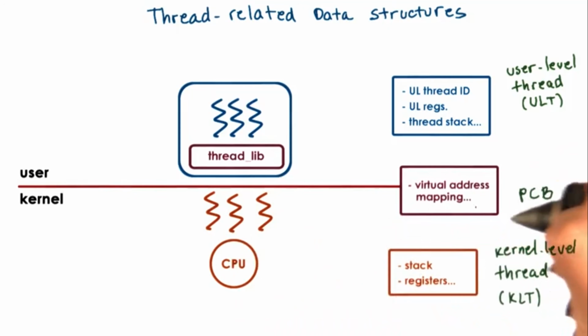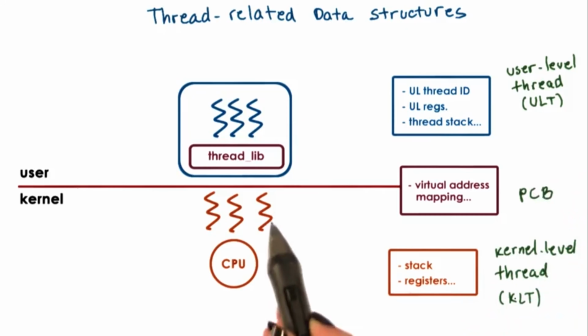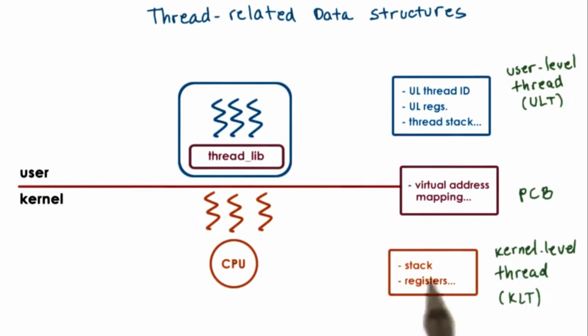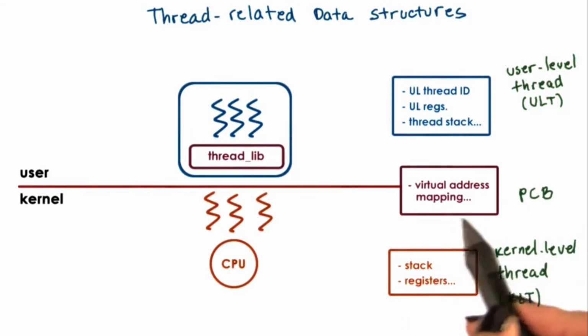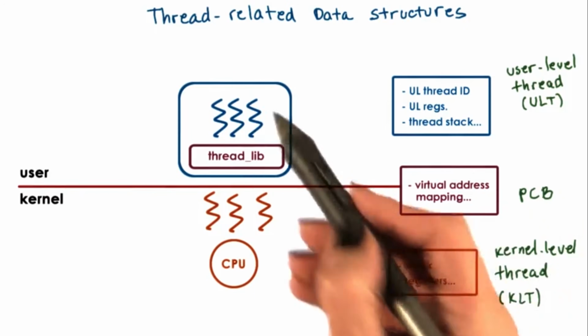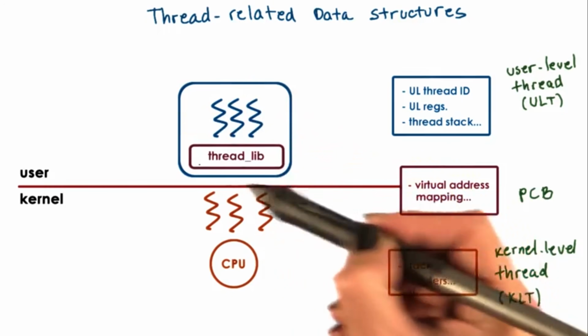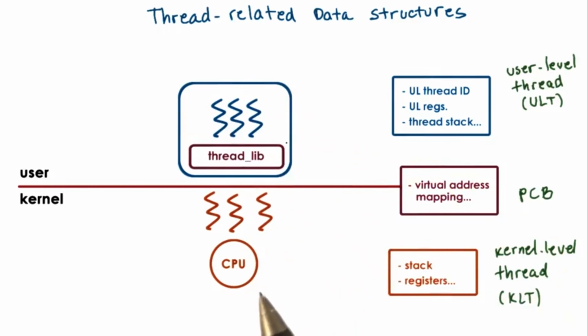So we will start splitting up this process control block structure to separate the information that's specifically useful to represent the execution state of the kernel-level thread, so their stack and register pointer. And the process control block will still have the virtual address mappings, as well as some additional information that's relevant for the entire process, so for all of the kernel-level threads.